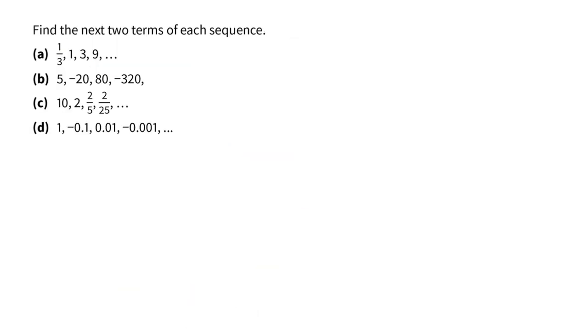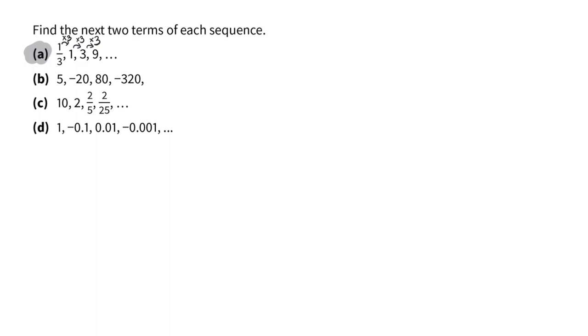Hello everyone, welcome to this video where we are required to find the next 2 terms of each sequence. Alright, so for part A, let's observe. Do observe that we are actually multiplying by 3 to the previous term.